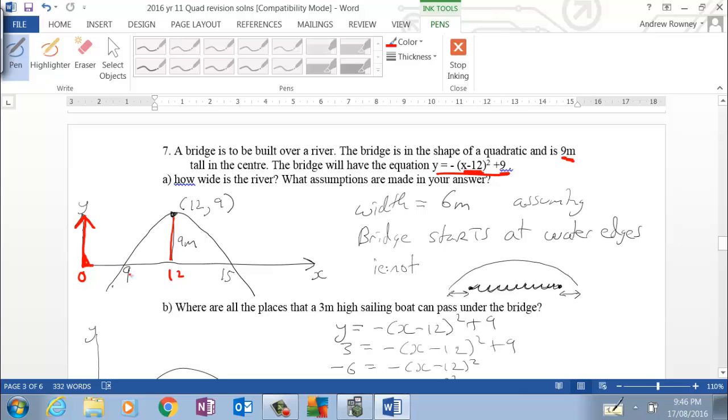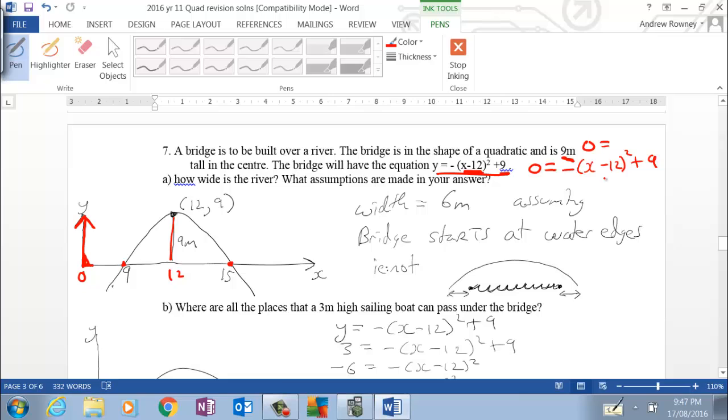Now how do we know what the width of the river is? We need to work out the two x-intercepts, these two values here. To work out those two x-intercepts, we could put y is 0. So 0 equals minus (x take 12) squared plus 9.